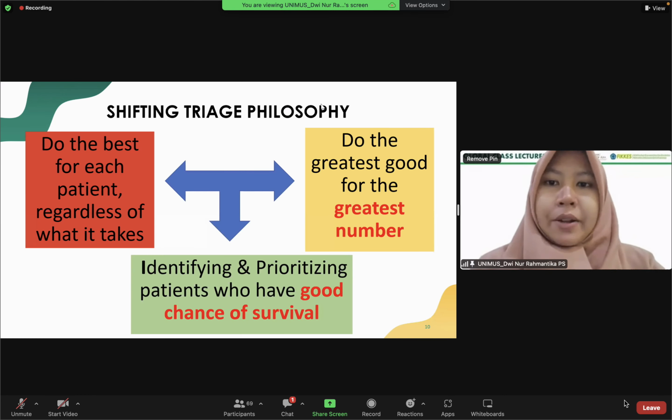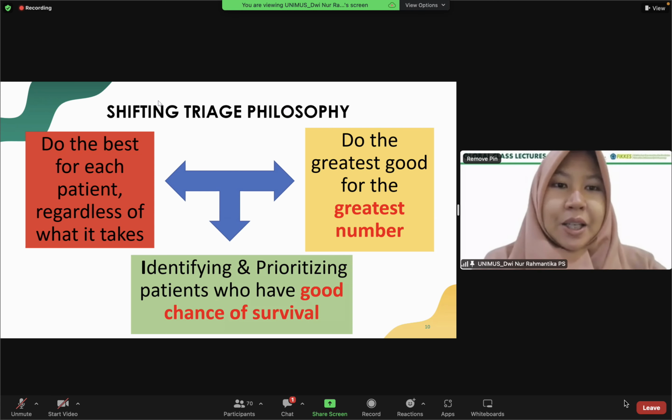The previous philosophy was to do the best for each patient regardless of what it takes. But because nowadays many researches and theories have been developed, the philosophy of triage has shifted from doing the best for each patient to doing the greatest good for the greatest number.